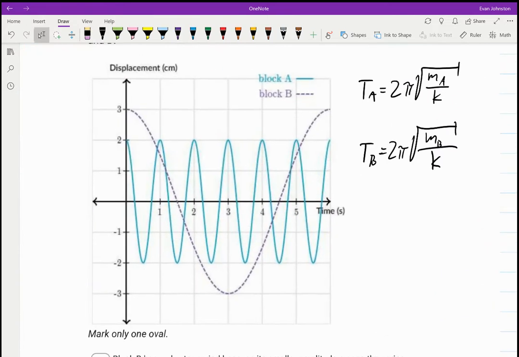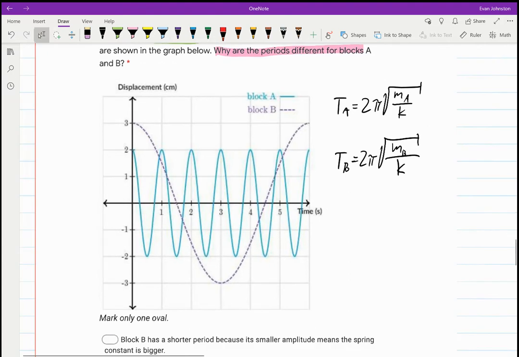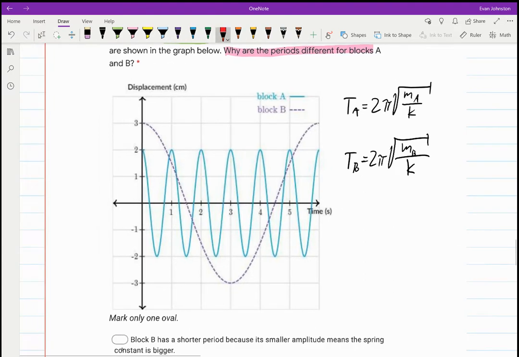So looking again, this one's kind of interesting because we finally have a very significant difference. If we're starting here at this amplitude of 3, this maximum displacement for the graph for block B, at least I chose to look at the purple, and we finally repeat over here. Well, this one has a giant period of 6 seconds, okay?